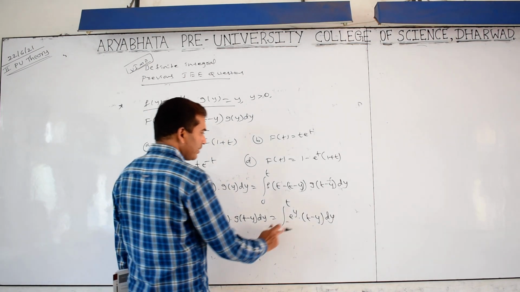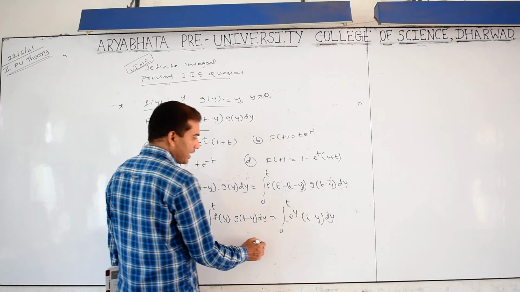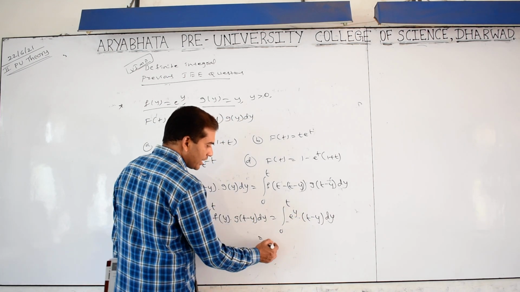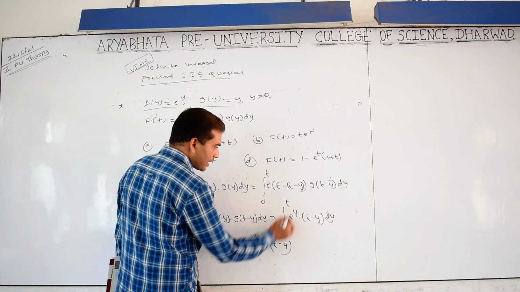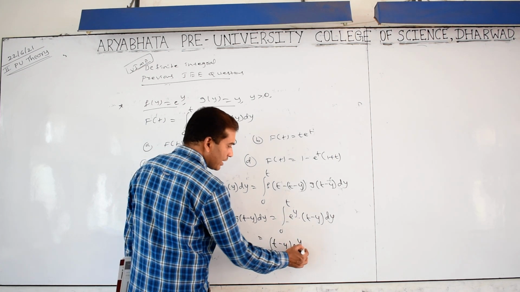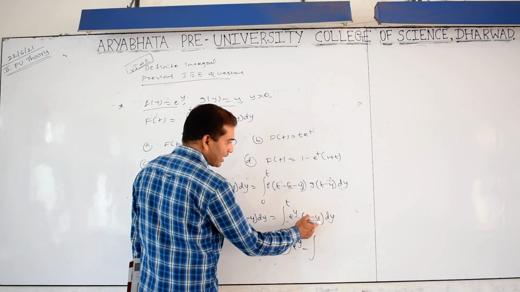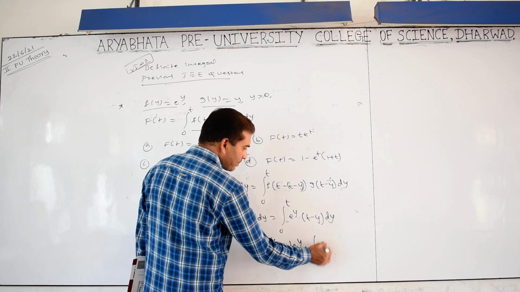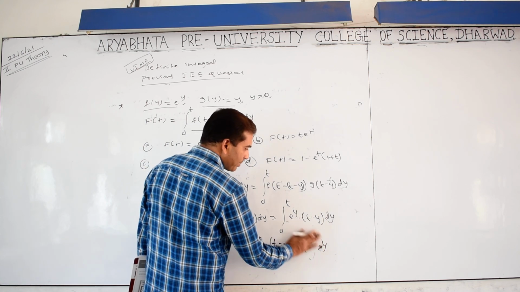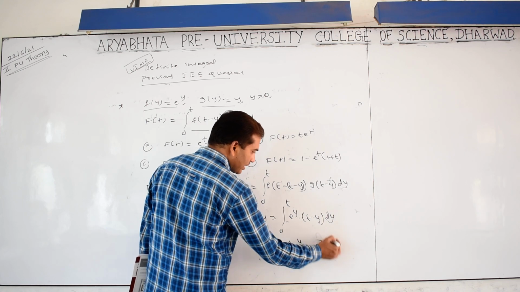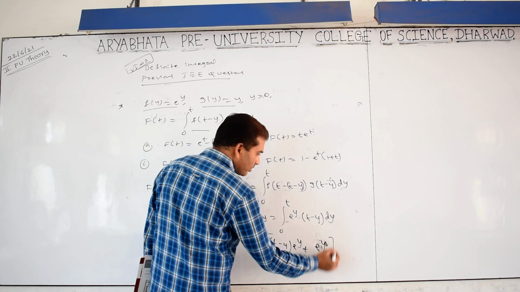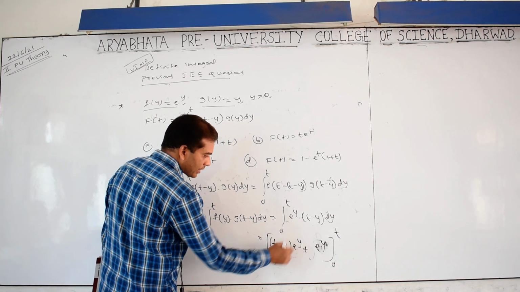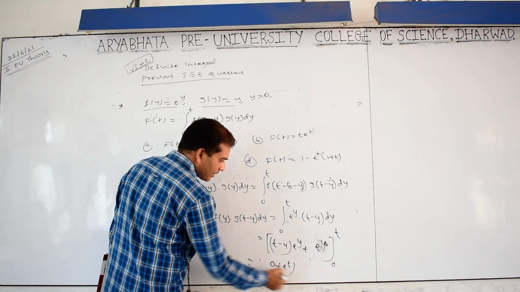Here what is the variable? Y. So apply by parts. This is exponential, this is algebra. First this is t minus y, integration of e power y is e power y, and derivative of t minus y with respect to y is minus 1, and integration of e power y is e power y, limits 0 to t. Apply here. Upper limit: t minus t is 0, e power t.